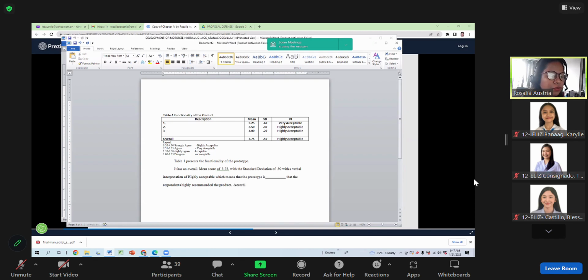According to, example, mayroon kayong nilagay sa inyong chapter 2. Ang pangalan ay Montoya. Okay, Montoya 2019 narrated or stated that, anong pangalan ng prototype nyo?